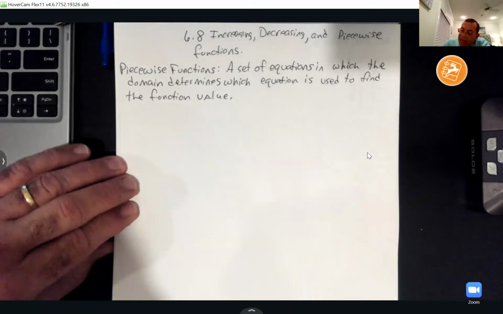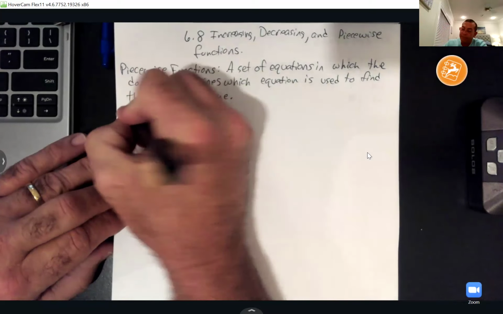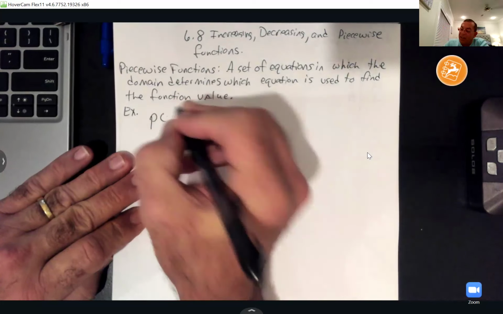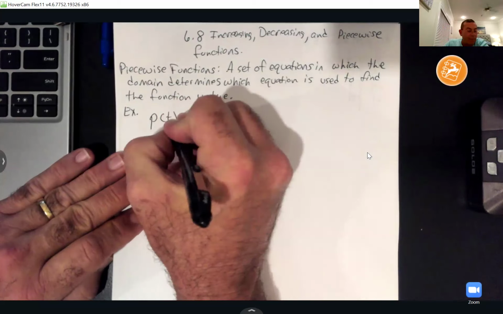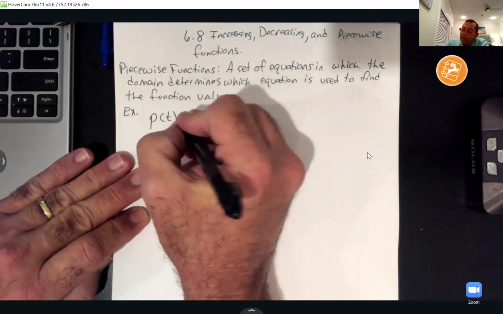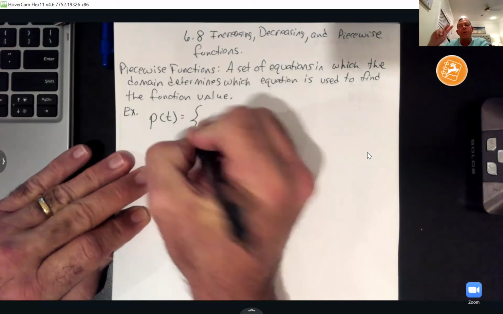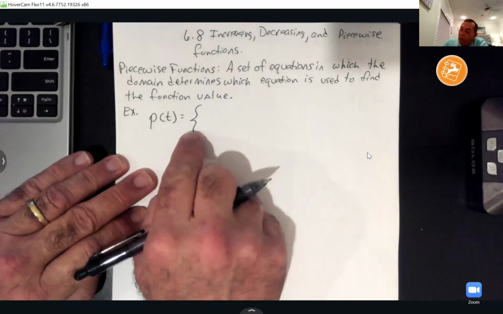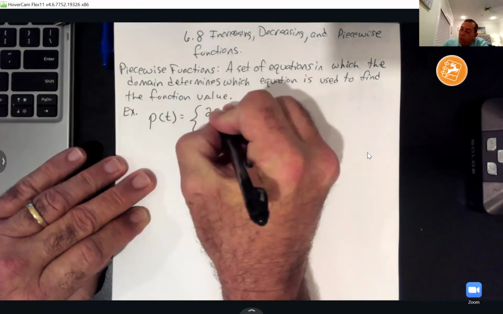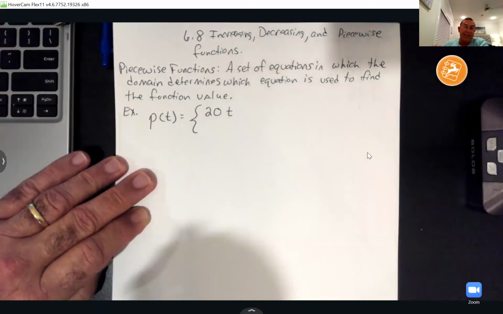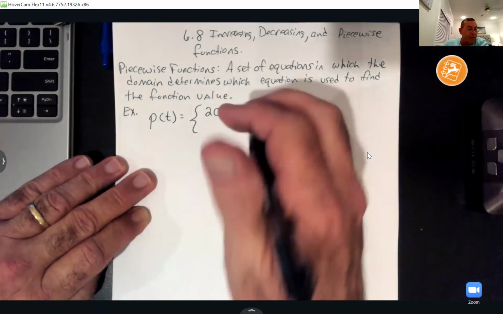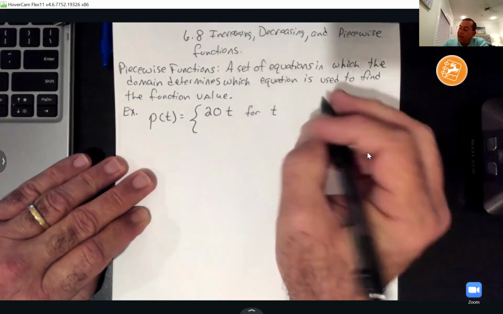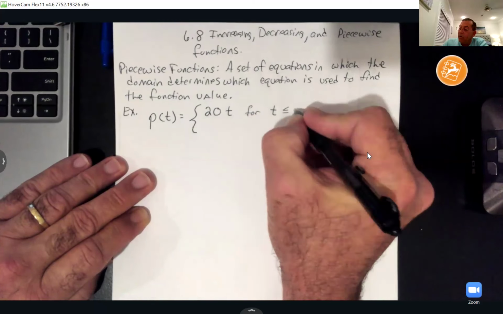Now let me show you an example of a piecewise function. So this one will be P of A, I'm going to call mine P of T. Now I'm only going to use 2 equations on mine. So my P of T will equal 20 times T. So I'm going to use this equation for any T that's less than or equal to 40.